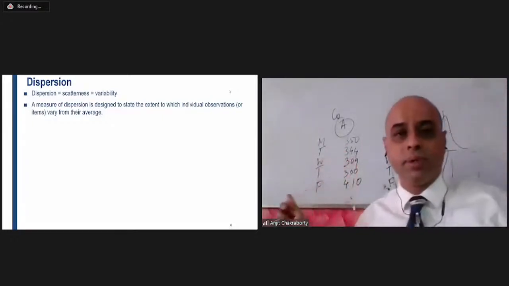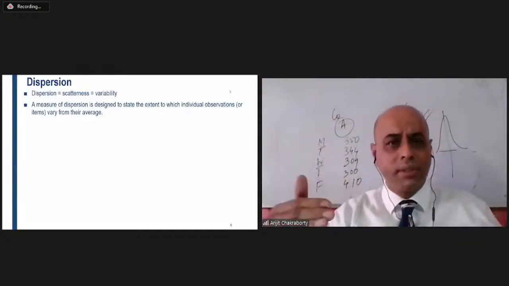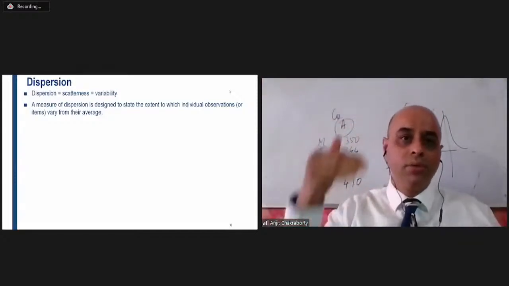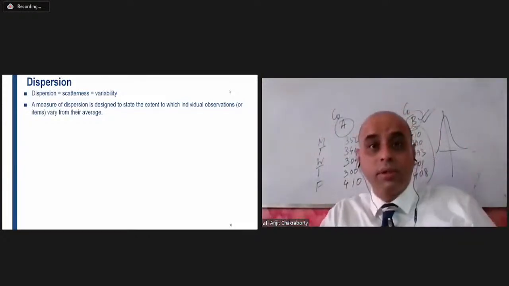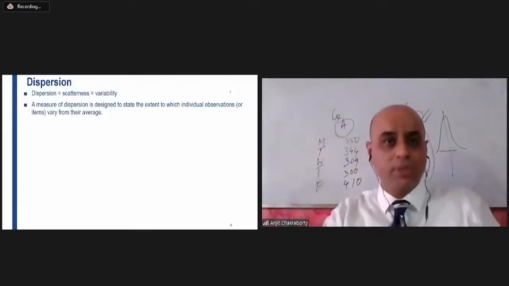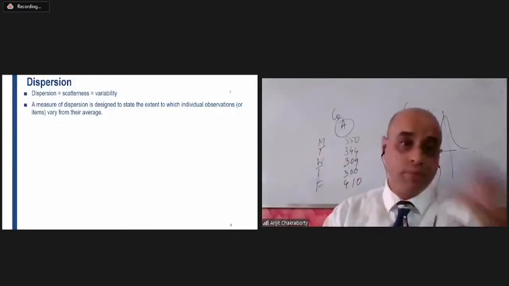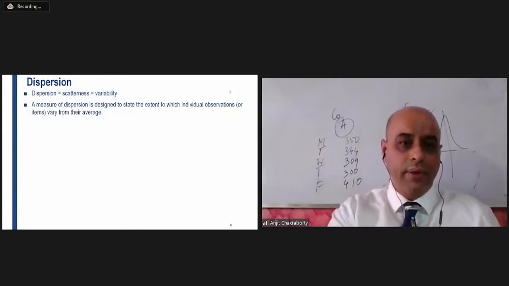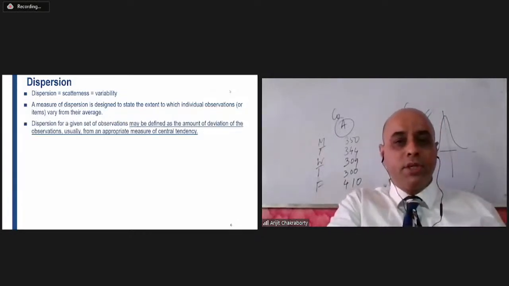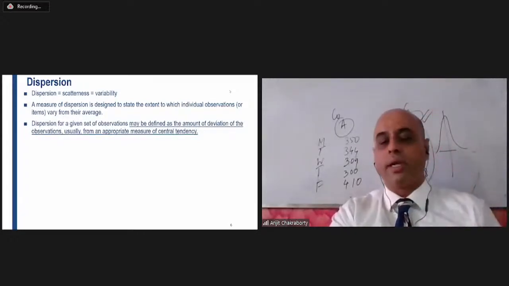Like in the last example, one student is getting 82 where the average is 60.67, and one student is getting only 46. So the variation is much more. But we measure the variation from where? From the center, from the mean, or it could be from the median also. So dispersion is defined as the amount of deviation of the observations, usually from the central tendency measure.